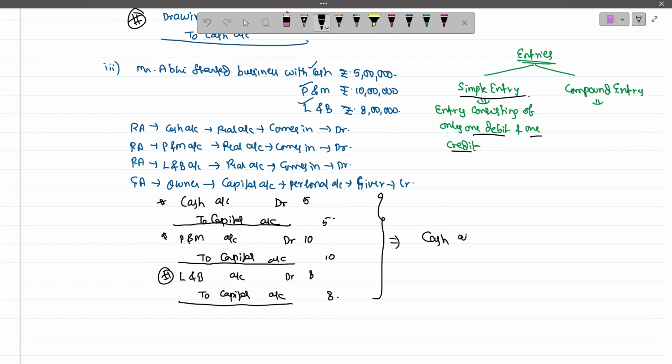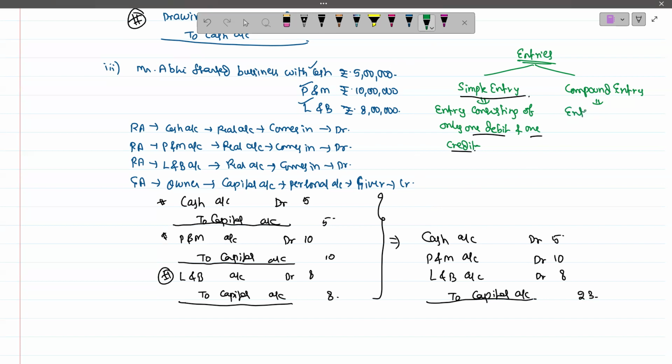Cash account debited 5 lakhs, plant and machinery account debited 10 lakh, land and building account debited 8 lakh, to capital account, how much amount? 23 lakh. And here, if you verify, the entry consists of more than one debit aspect.